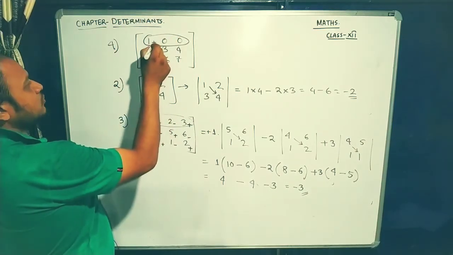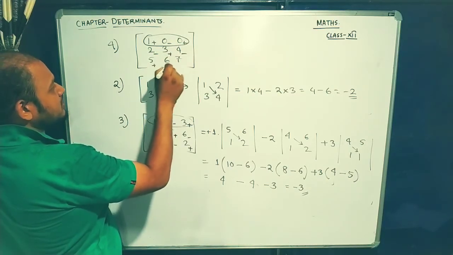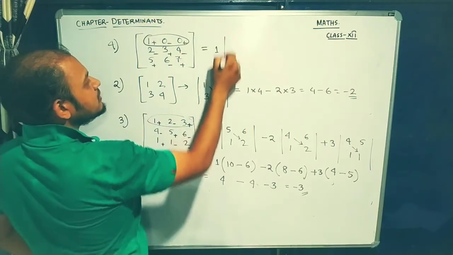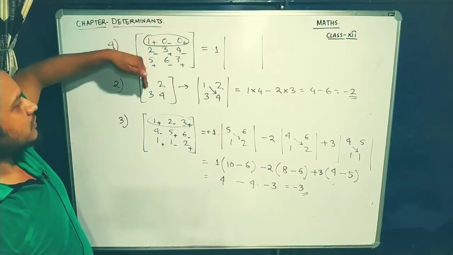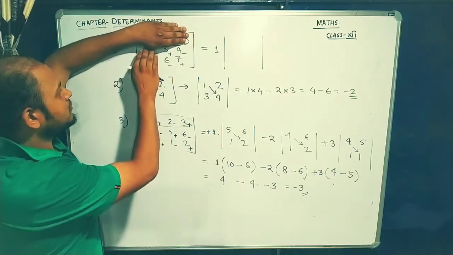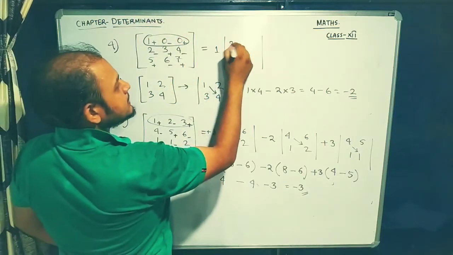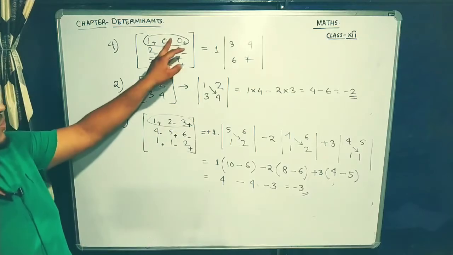So place the sign symbols here: plus, minus, plus, minus, plus, minus, plus, minus, plus. Selecting the first row, it is 1. Hide the row and column. 1 belongs to first row, first column. So hide the first row, first column. What do you see? 3, 4, 6, 7. And the rest is 0.